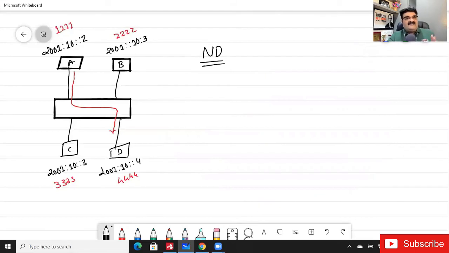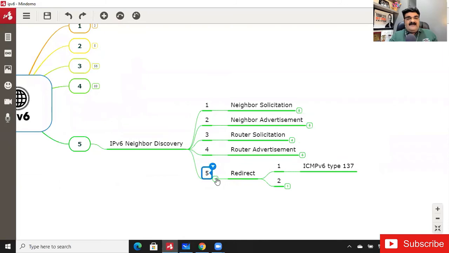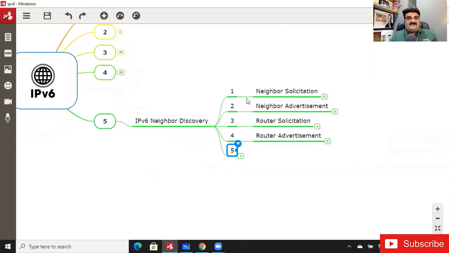In IP version 6 we can use this ND process, neighbor discovery, to get the MAC address of a particular PC. Now I'm going to explain what NDP is. There are 5 types of neighbor discovery process.